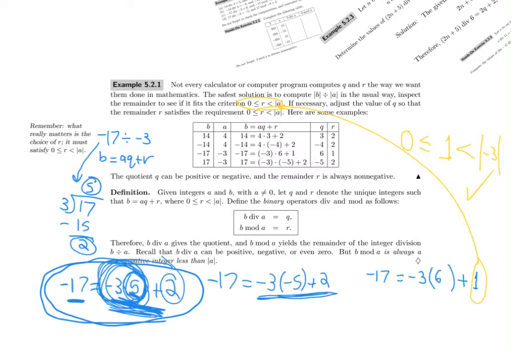Recall we also talked about some binary operators called div and mod. So b div a is the q you get from the division algorithm, and b mod a is going to be the r that you get. Remember, there's these restrictions on r. r is always going to be non-negative, and it's always going to be less than absolute value of a.